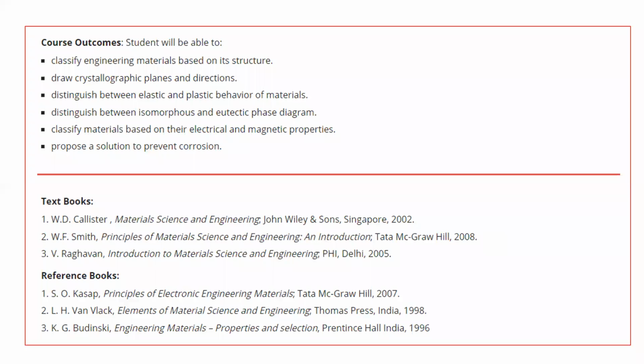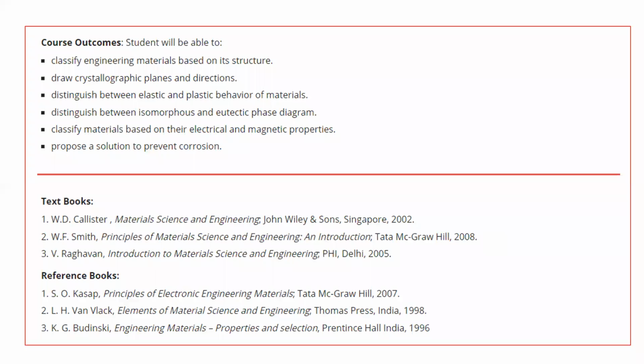One is called isomorphous, which will have only one phase in the entire temperature and pressure region, and the other class is called eutectic phase diagram, which has multiple subsections in the entire temperature and pressure region. So how isomorphous is different from eutectic, you will be able to tell, and how they behave differently at given pressure and temperature, you should be able to predict once we cover the unit on the equilibrium phase diagram.